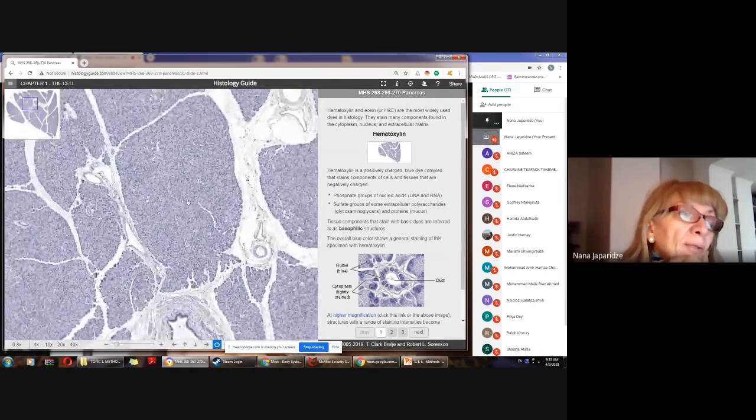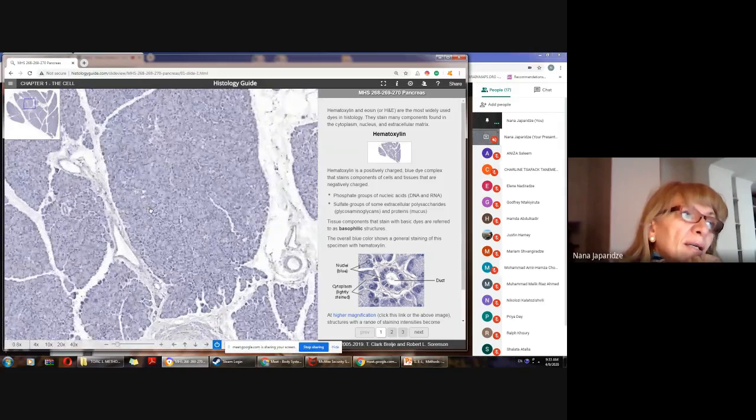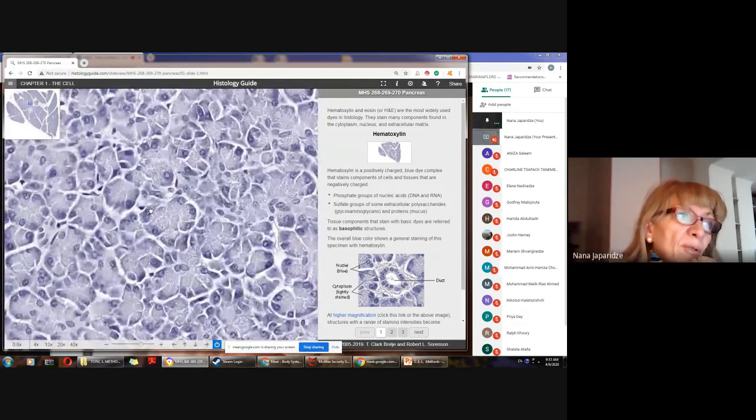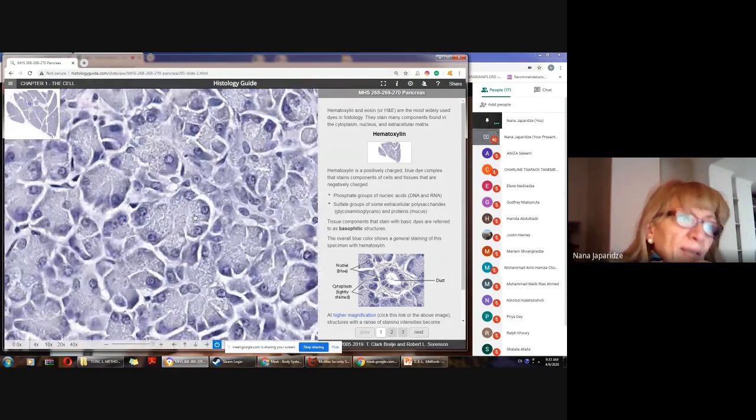Okay, so this is a blue stained tissue sample, and here is used the basic dye, which is called hematoxylin. That is why we can see very well stained nucleus, borders of the cell, which actually contain cell membrane and macromolecules attached to the outer surface of the cell.